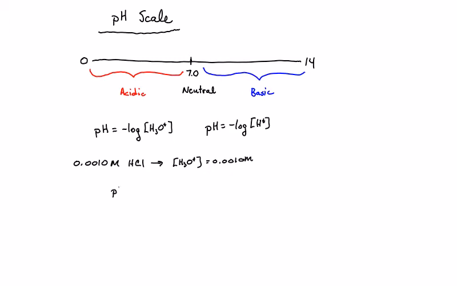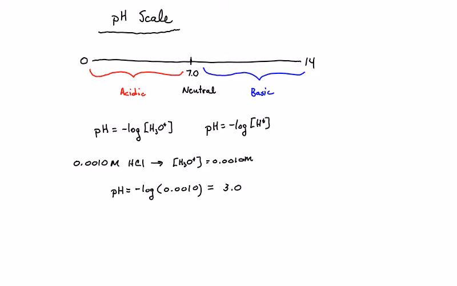So to calculate the pH, we simply take the negative log of 0.0010, and what we wind up with is going to be 3.0. So we can see fairly immediately that this solution is going to be an acidic solution, which of course we already knew it would be because we took hydrochloric acid and put it into water.